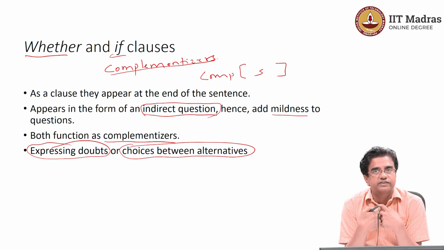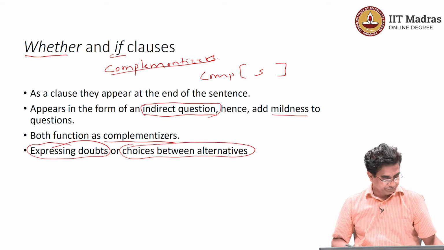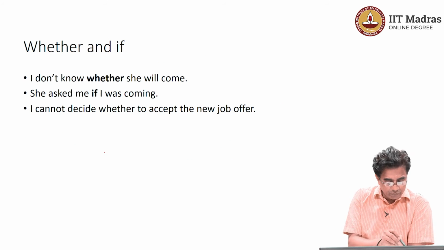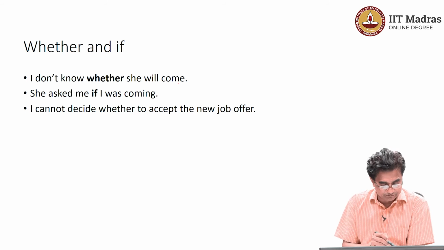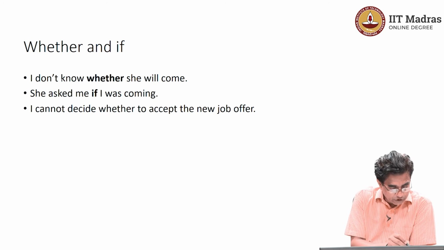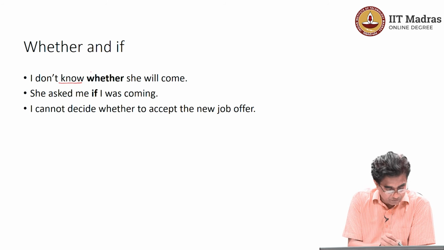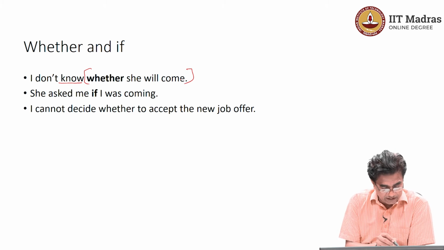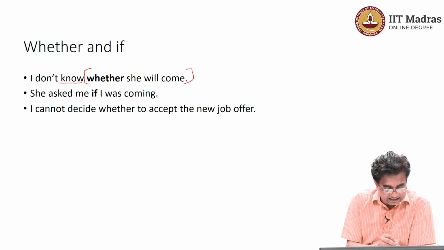These are the functions of whether and if type of clauses. Let's look at some examples. I don't know whether she will come. So look at this. Know is one type of verb which can take a sentential complement, and the purpose of this sentential complement is to express uncertainty, doubt.